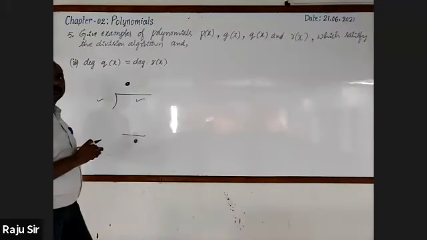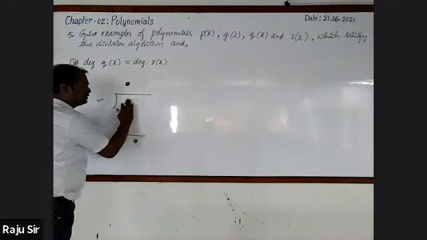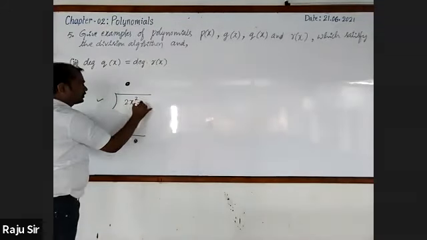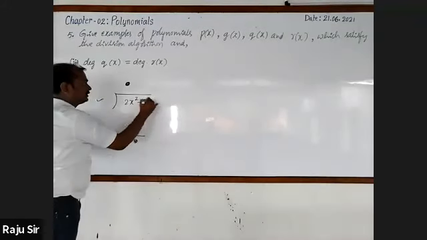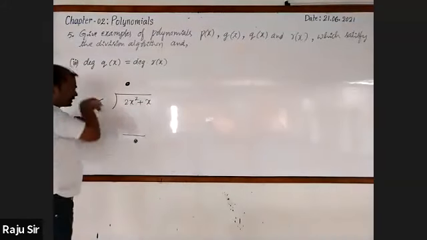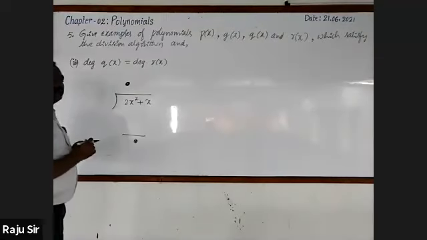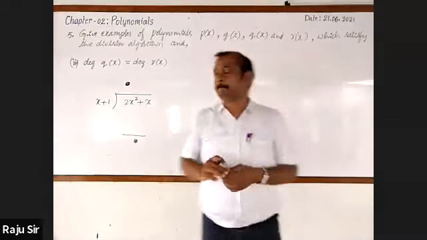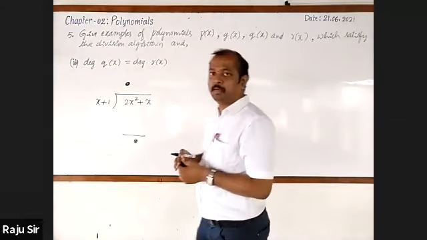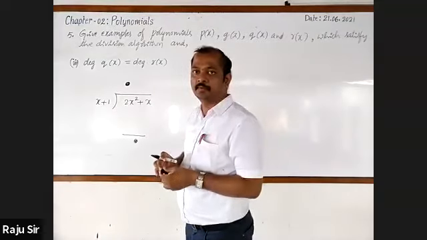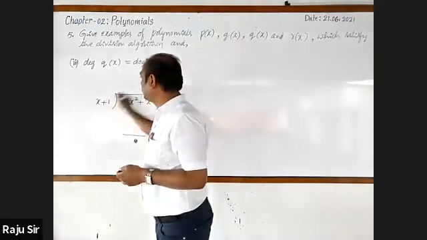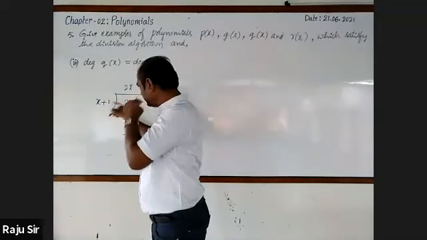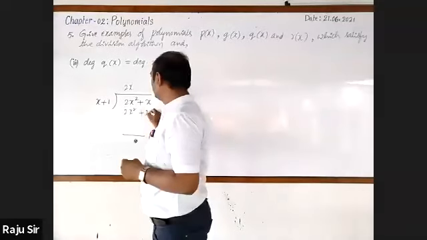Observe just one example problem. 2x square plus x at the top. Then here I'll take x plus 1. What should be multiplied? I have to multiply 2x. 2x into x, 2x square. 2x into 1, 2x.